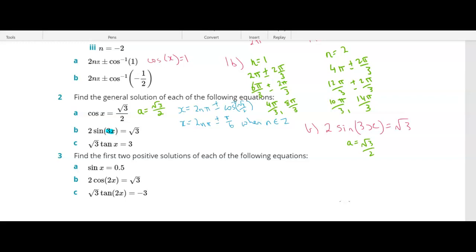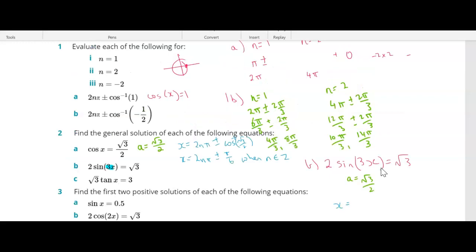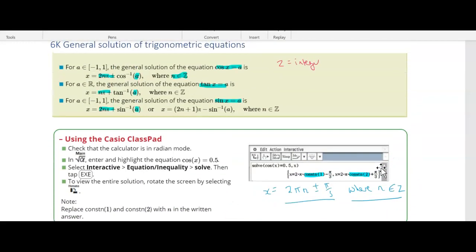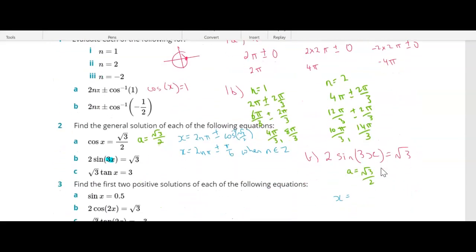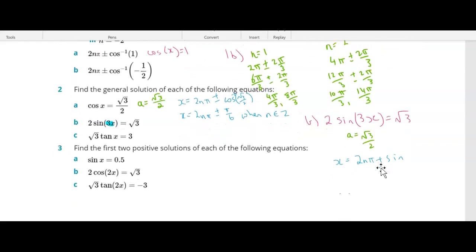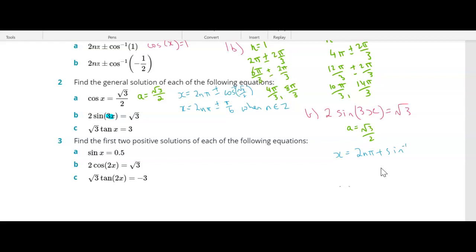So my solution for sine is x equals, now I can never remember, for sine 2n pi plus inverse sine of root 3 on 2. Now, if inverse cos of root 3 on 2 is pi on 6, then inverse sine of root 3 on 2 is pi on 3.